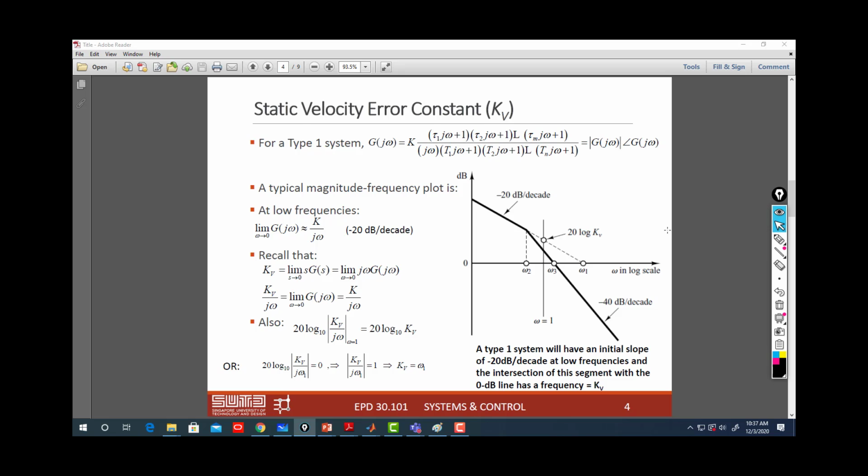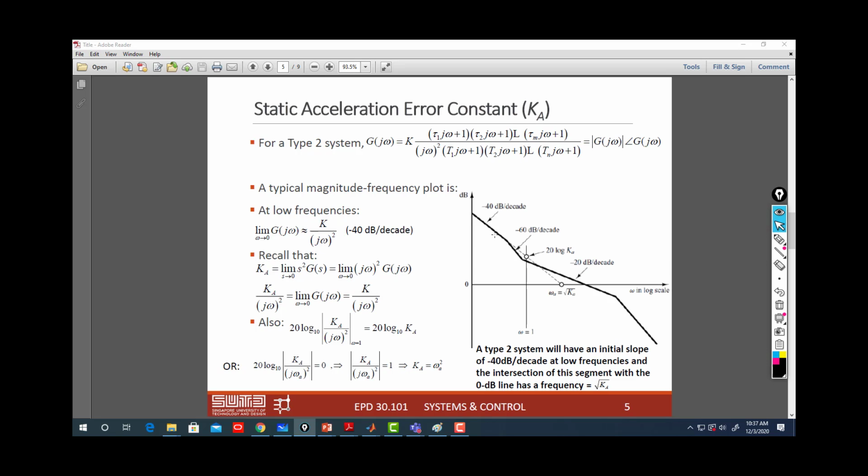If you have minus 40 decibel per decade, what's the type of the system if I have at the low frequency minus 40 decibel per decade? It's a system of type 2. And so then you still need to find Ka.